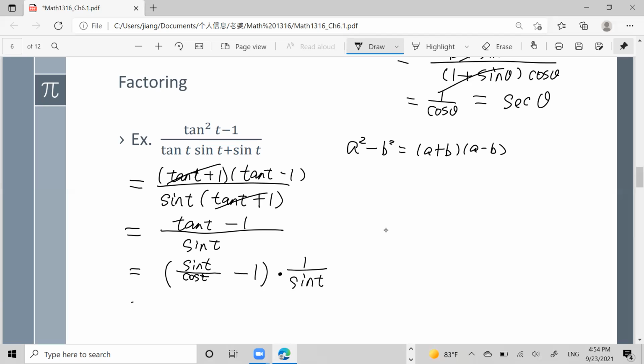So sine t times cosine t times 1 over sine t, minus 1 times 1 over sine t. And then cancel the sine t. I got 1 over cosine t minus 1 over sine t.